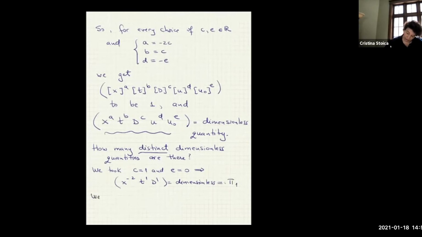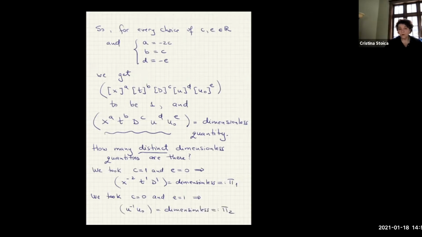So we also took C 0 and E is 1, and we ended up with the other one, U at minus 1, U naught, that has no dimension, and let's call it pi 2.